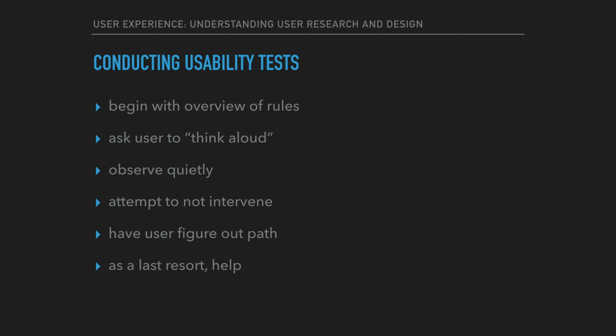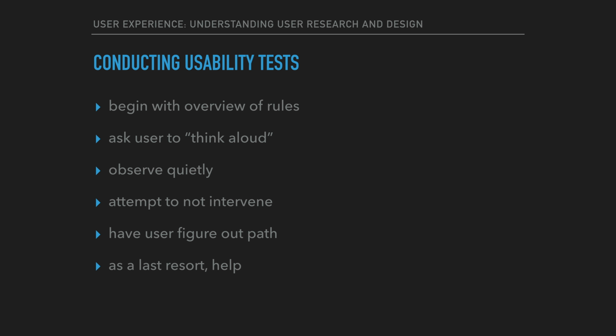By providing instructions, the user's grasp of the situation will improve, and consequently, user confidence and overall comfort should increase as well. Users that are comfortable and calm are more likely to act as they would in a real-life situation. Users that are not comfortable may show unusual behavior within the exam environment, and that behavior will certainly not provide realistic data. For this reason, the session will need to begin with an overview of the rules.